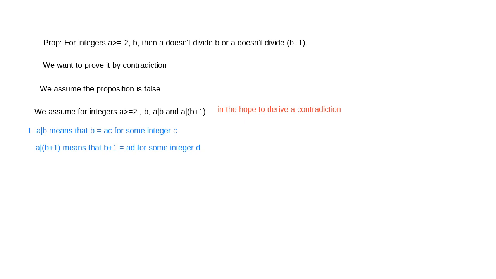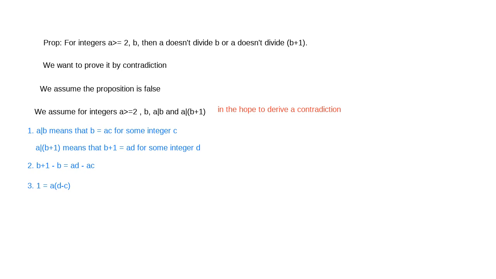Right, now let's do some calculation. So let's do b plus 1 minus b. That equals to ad minus ac. We simplify. b plus 1 minus b, that's 1, equals to ad minus ac. Let's factor out a. So we get 1 equals to a times d minus c.